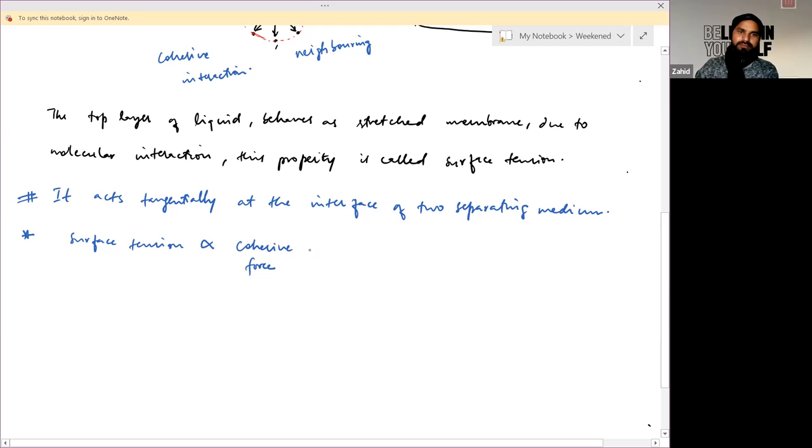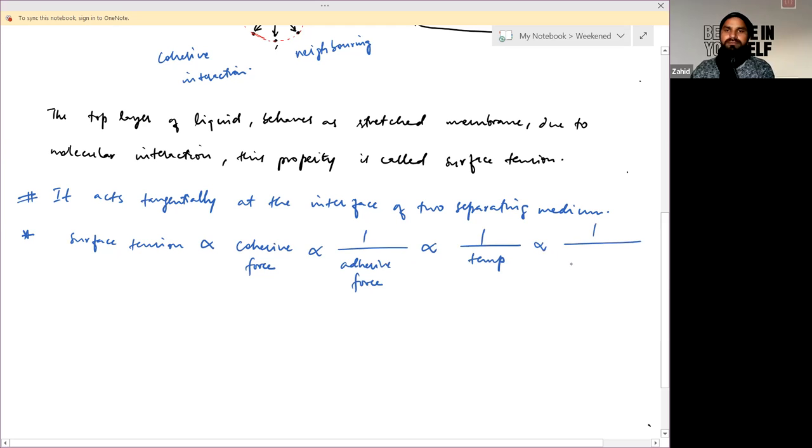It is inversely proportional to adhesive force, inversely proportional to temperature, and inversely proportional to impurity added; surface tension decreases on adding impurity to that particular substance.